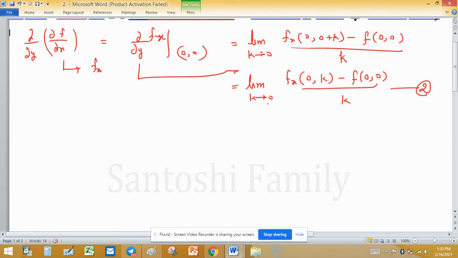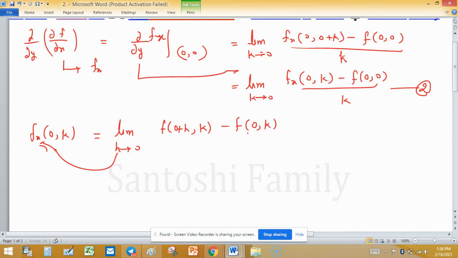So we need to calculate fx(0,k), and this means the limit as h tends to 0, because we are taking the derivative with respect to x, of [f(0+h, k) minus f(0,k)] divided by h.